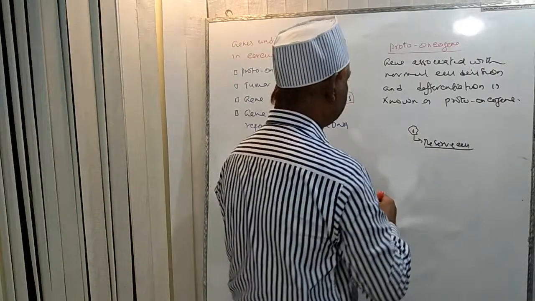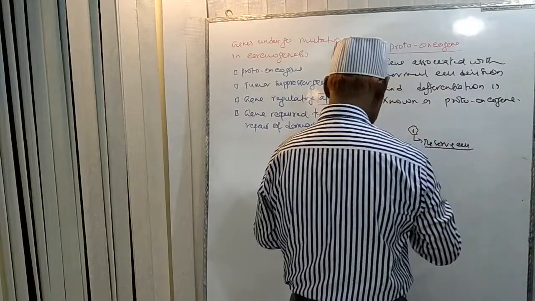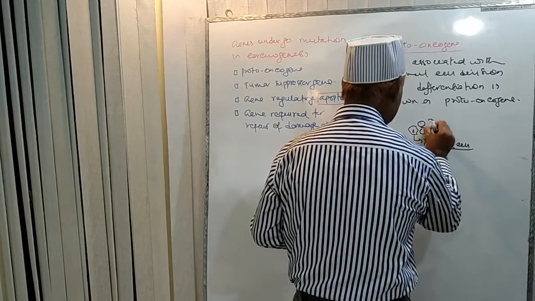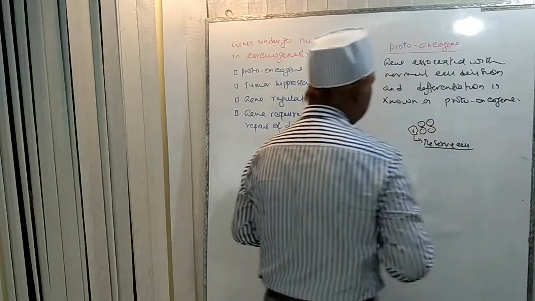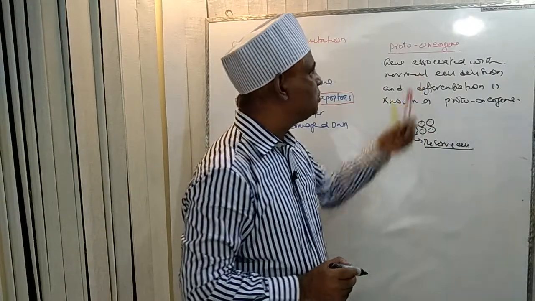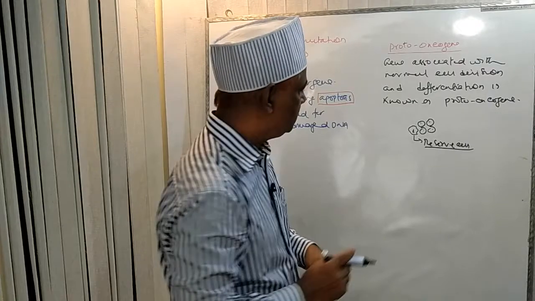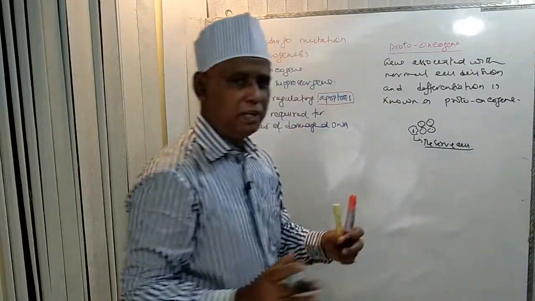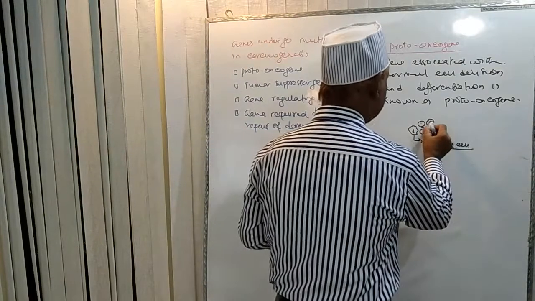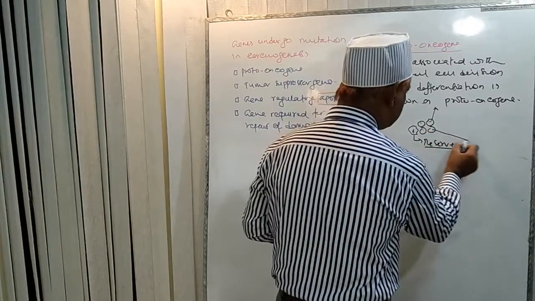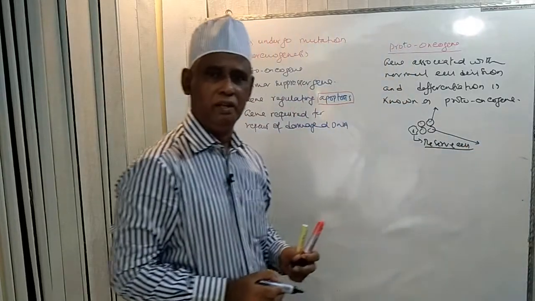If this cell undergoes multiplications, and this multiplication is due to proto-oncogene, and this is the undifferentiated cell. After multiplication, this cell may differentiate to epithelial cell, or it may differentiate to connective tissue cell.